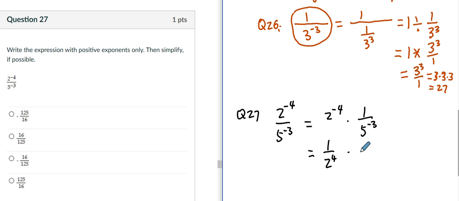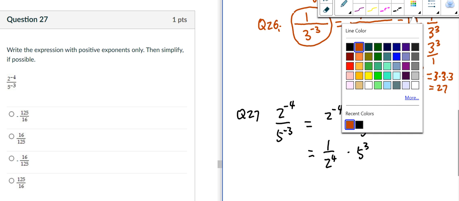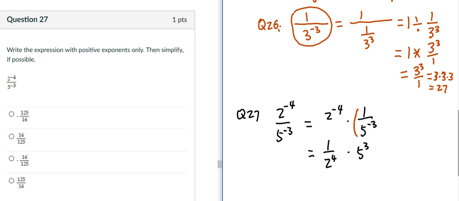So here we do 5 cubed. Those two are equal. This one equals this one, by what we did before. Here 3 to the negative 3 is in the denominator. Simply flip it up.